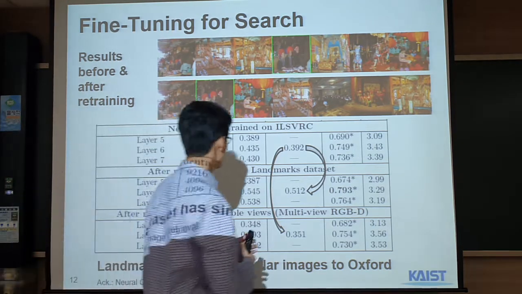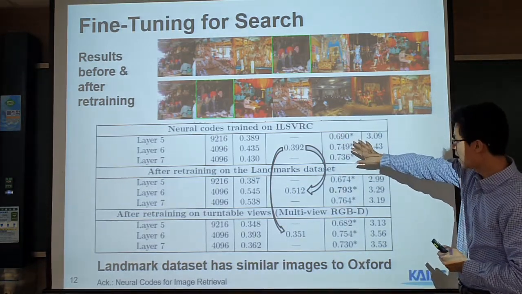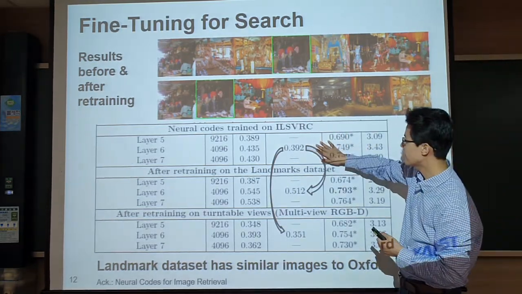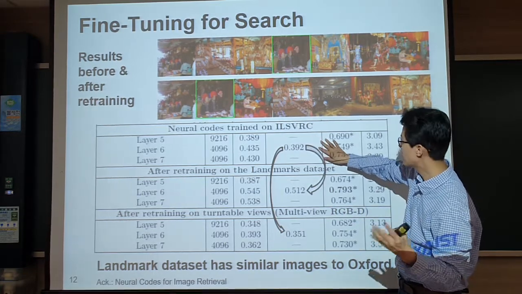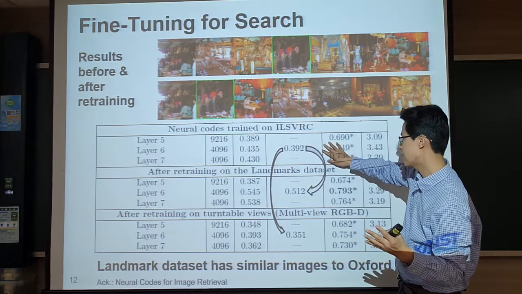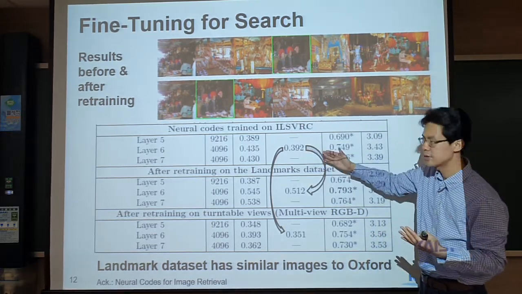Initially, this is the baseline accuracy. If they just use some of their original data set, they achieve 0.39 accuracy.